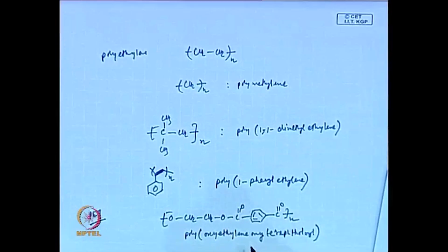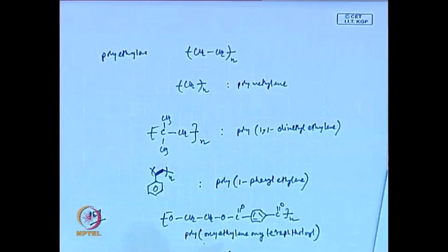Okay. The IUPAC name becomes very complicated, very difficult, mostly for these step growth polymers. See, this was very easy to name in our conventional way as polyethylene terephthalate, whereas IUPAC would suggest that you name this as polyoxyethylene oxy terephthaloyl.